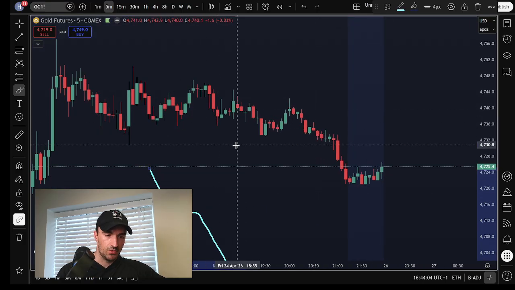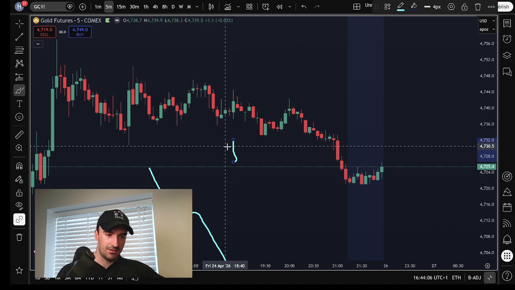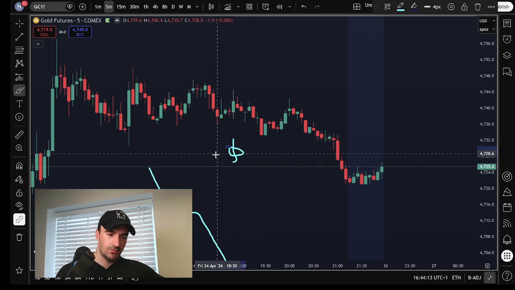So this is candle 1, and this is the middle candle.